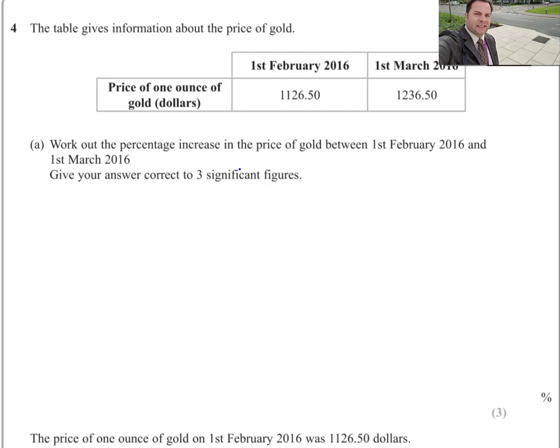Give your answer correct to 3 significant figures. To solve any question related with percentage, you can write old and new. Let's say the old, and here the percent, and new.